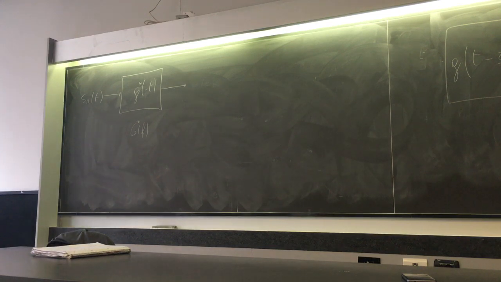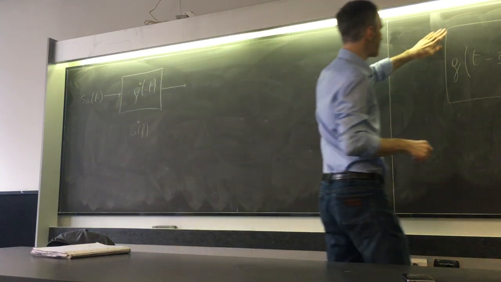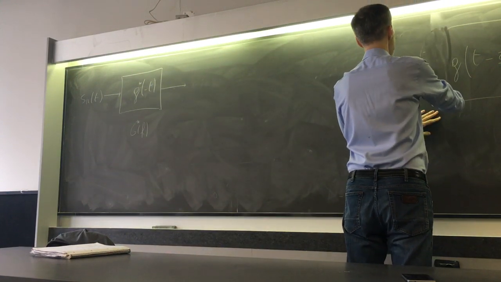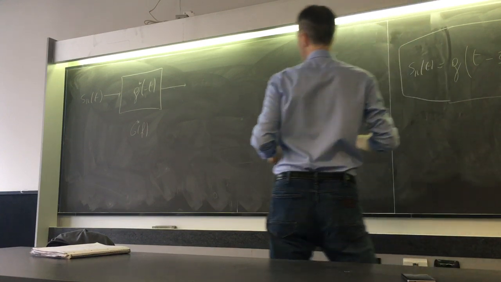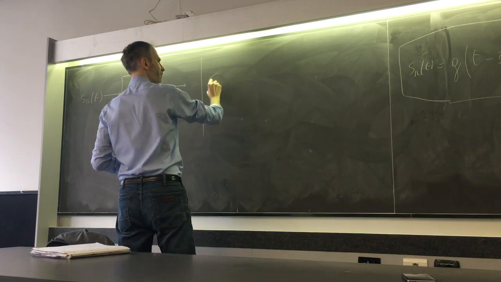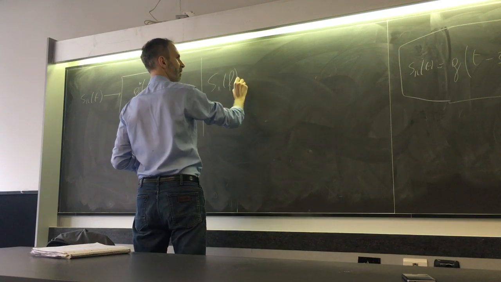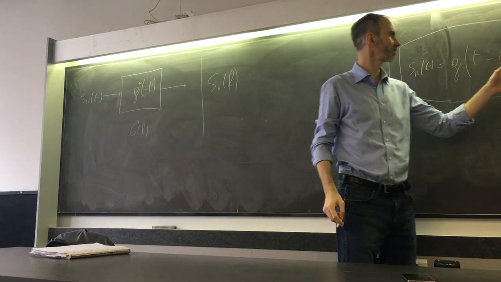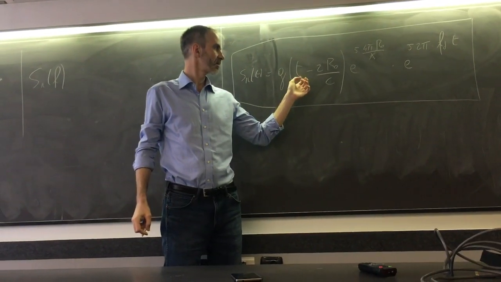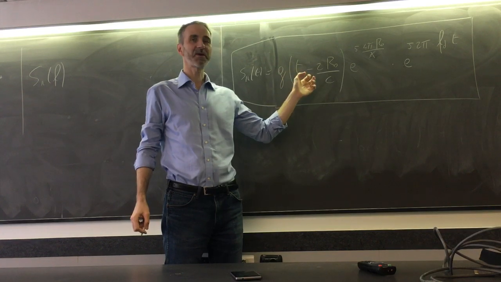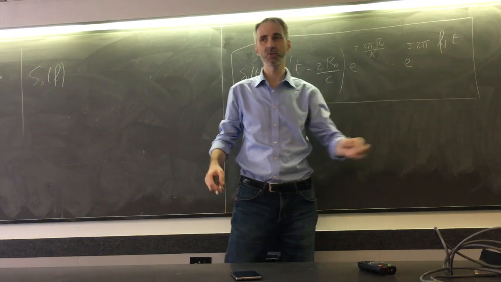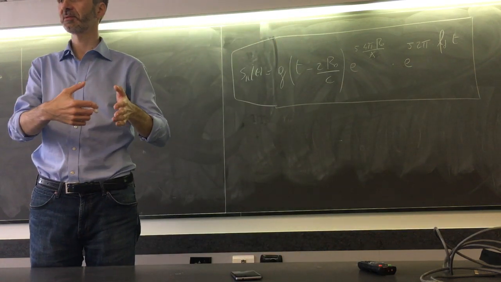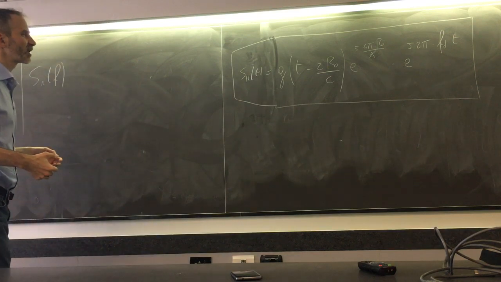So, let's do this in the frequency domain. If this is your signal with the Doppler, SR of T, the Fourier transform of your signal is G of F multiplied by a complex exponential, and so you have a translation in the frequency domain.